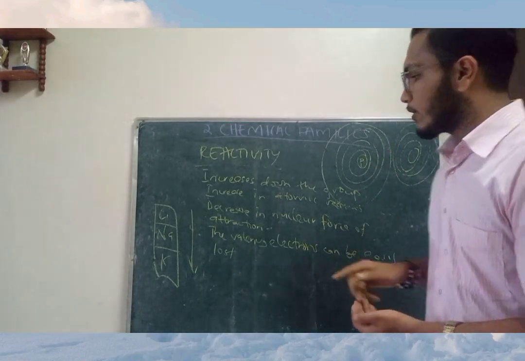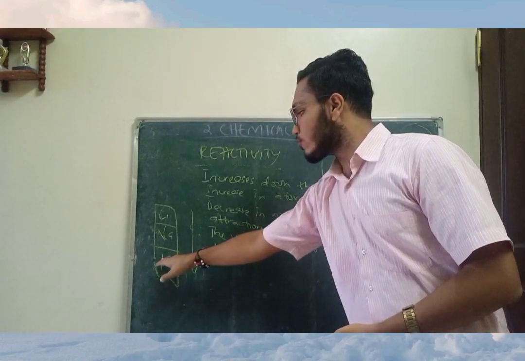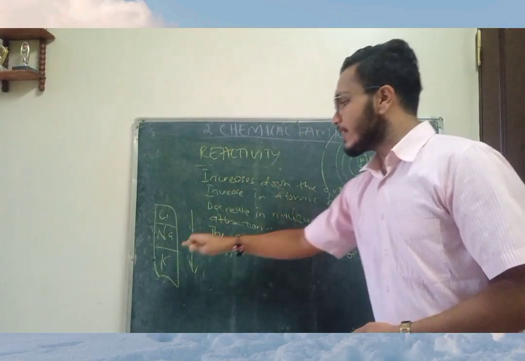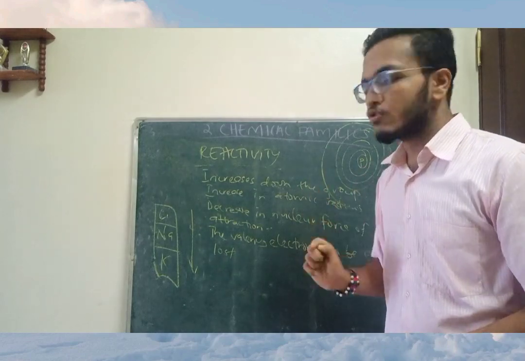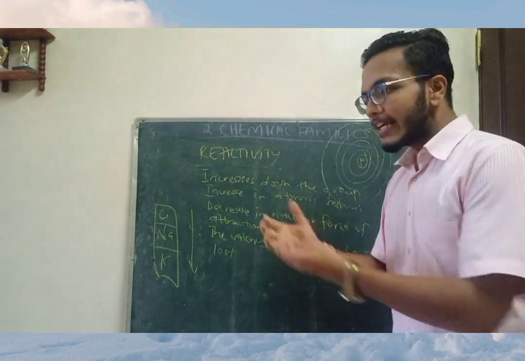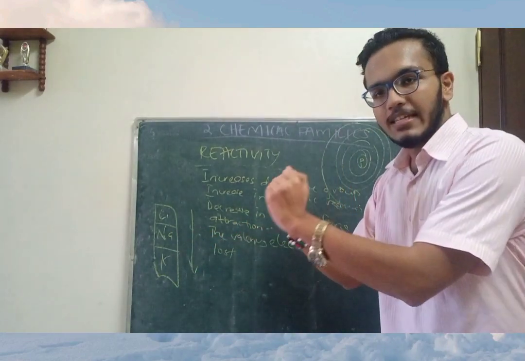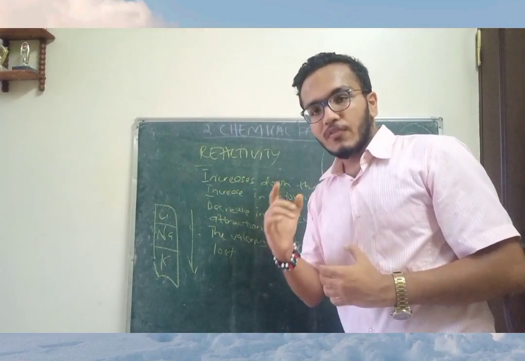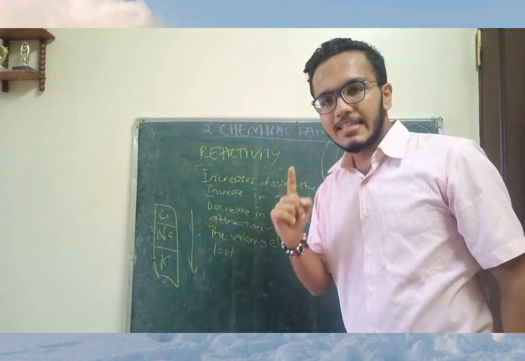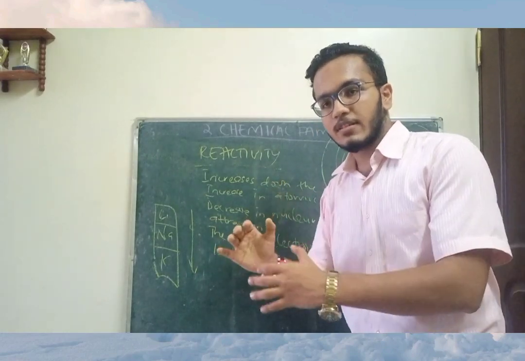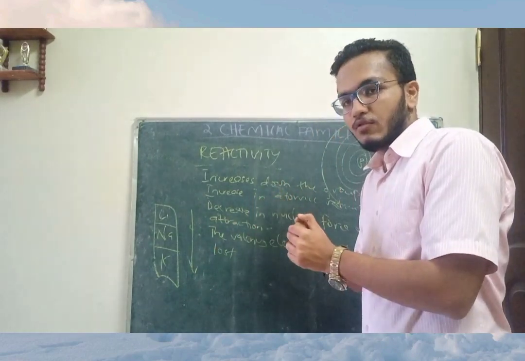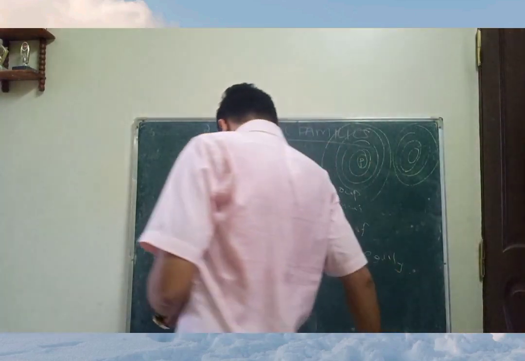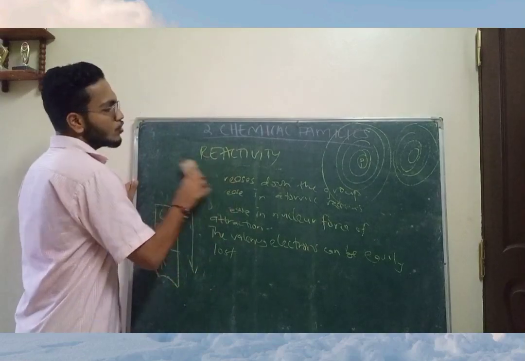So when I tell you that the atomic radius of potassium is greater than that of sodium, I directly mean that potassium has a weaker nuclear force of attraction than sodium. And weaker nuclear force of attraction means the valence electron can be easily lost. There is less energy to the protons in the nucleus, hence the outermost electrons can be easily lost. We go to reducing property.